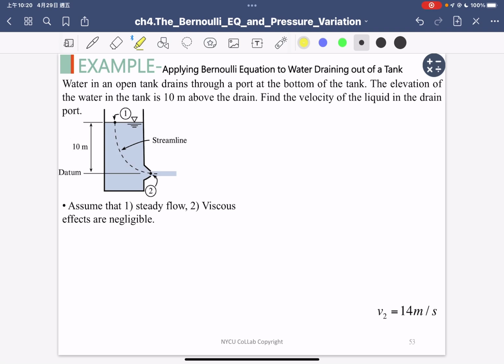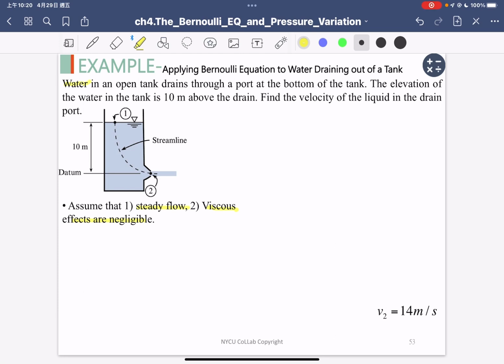For the first one, we have a tank, and we know the liquid is water, which is almost incompressible. We assume the flow is steady, and the viscosity effects are not important in our question.